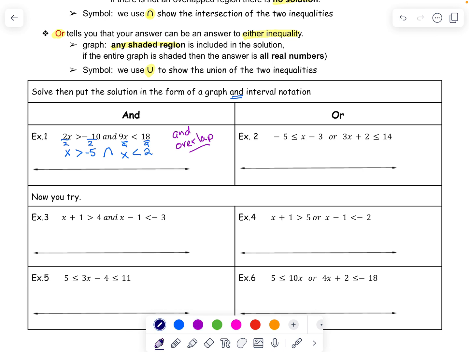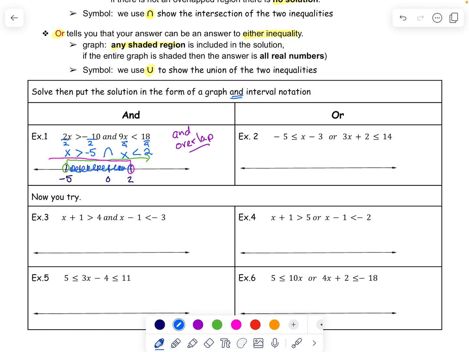So if we were looking at this graph, and we had 0 here, and we'll put negative 5 and 2, right? 1, 2, 3, 4, 5. We would say we are going to be from negative 5 and greater, and then we would be from 2 and less, and you can see that the green and pink overlap in between.